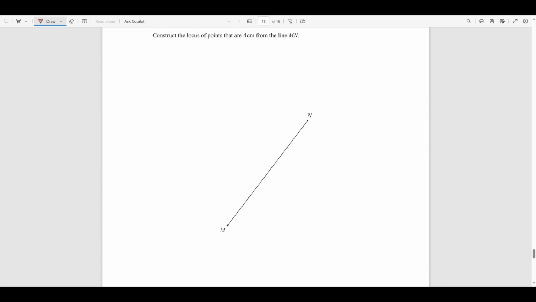Make a line which is exactly 4 centimeters away, and that's how you do it. You can use a set square if you want, or a pair of compasses or whatever.